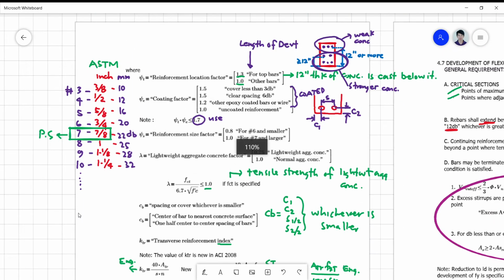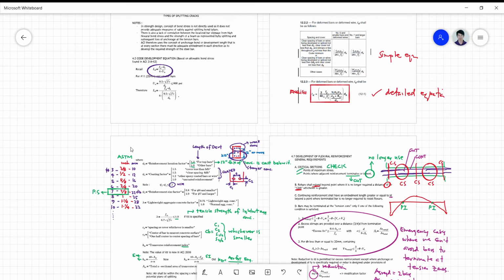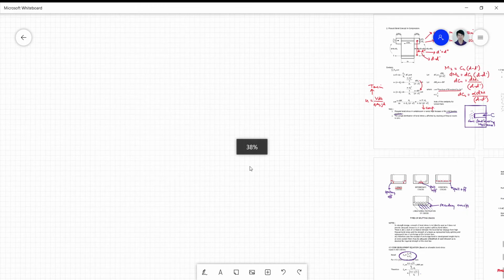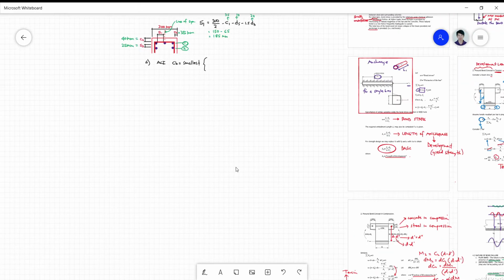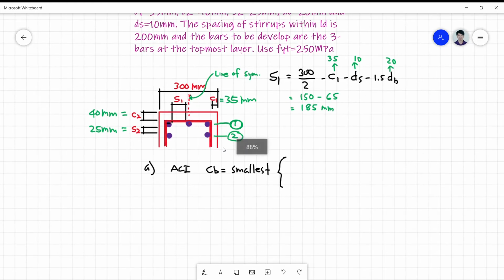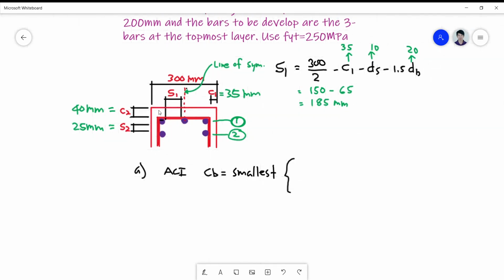So we just look into our definition now based on the drawing. Okay, what's the smallest of the center to center? So we simply add C2. There's C2 there. This is the surface to the bar there.